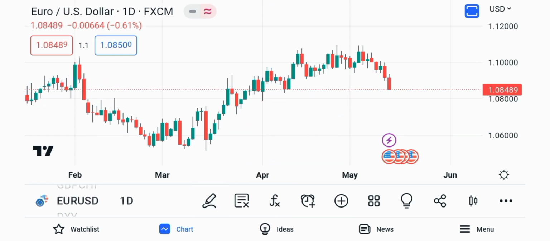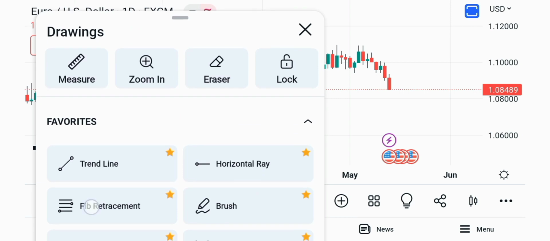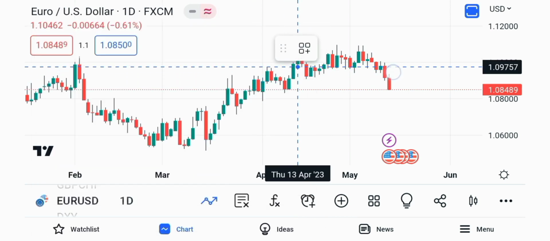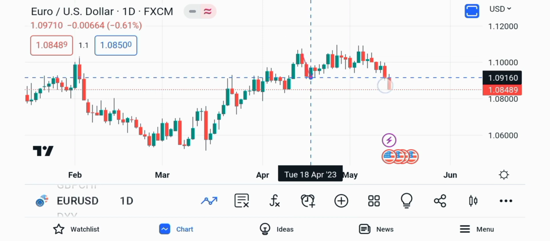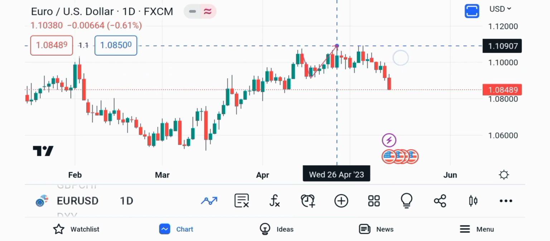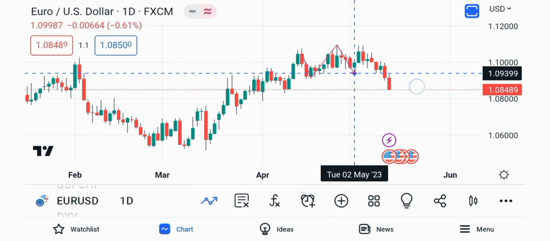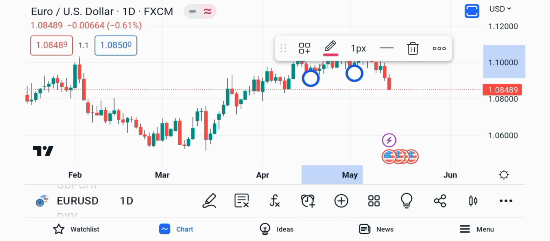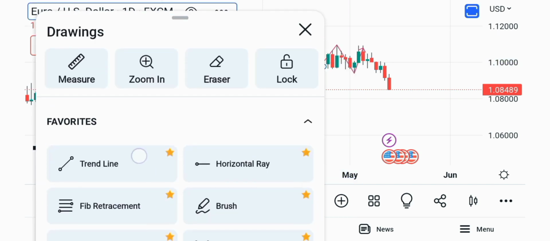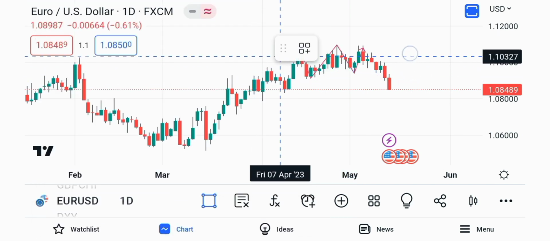Then we also realize that it started to range between this point. EURUSD was ranging. Now we can spot these key levels here. We can spot a key level here.